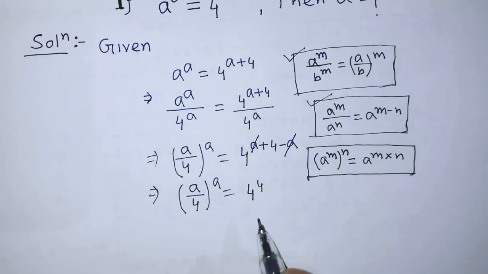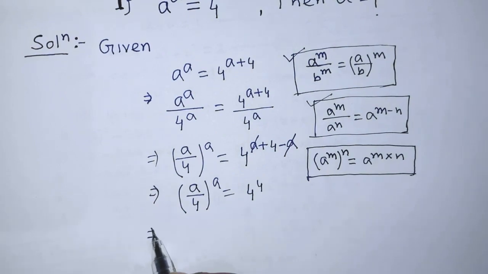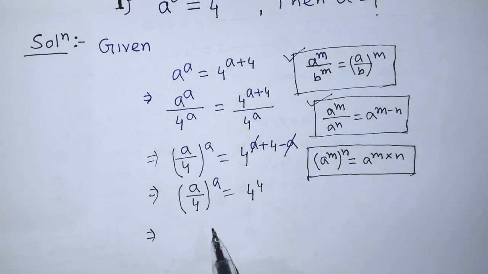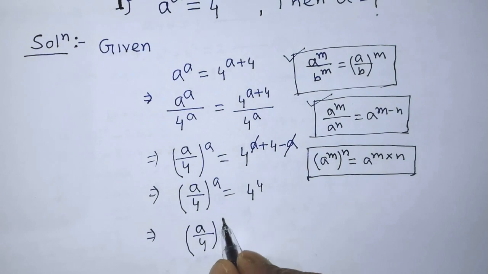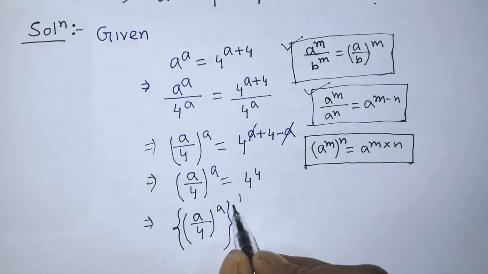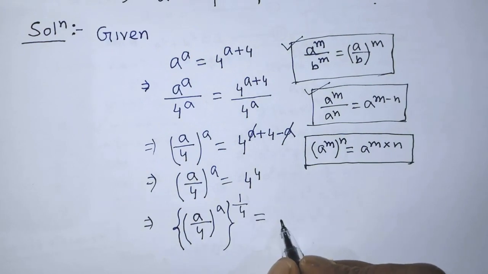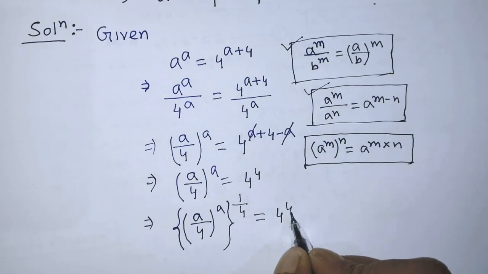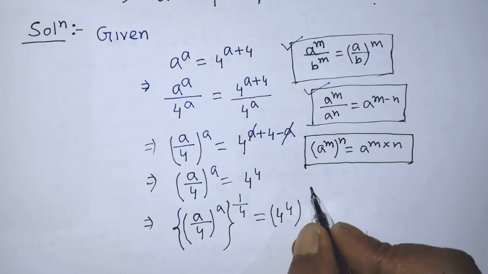To find the value of a from this equation we have to take power 1 over 4 on both sides of this equation. So now we can write on the left hand side a over 4 whole to the power a to the power 1 over 4 is equal to, on the right hand side, 4 to the power 4 whole to the power 1 over 4.